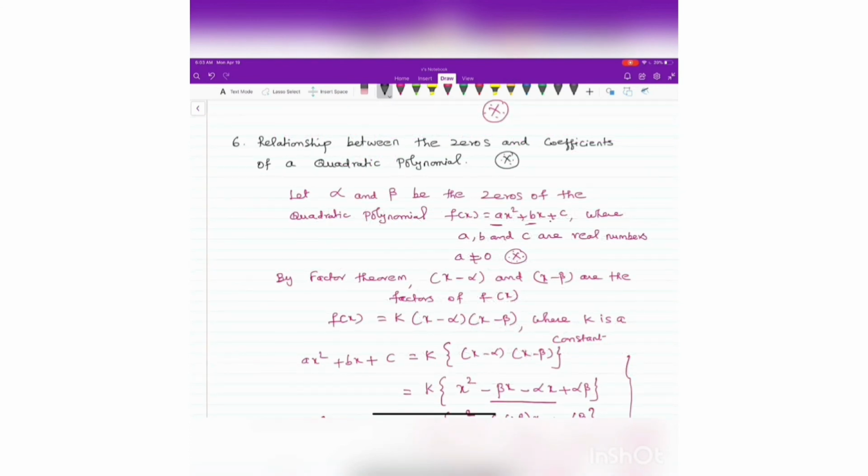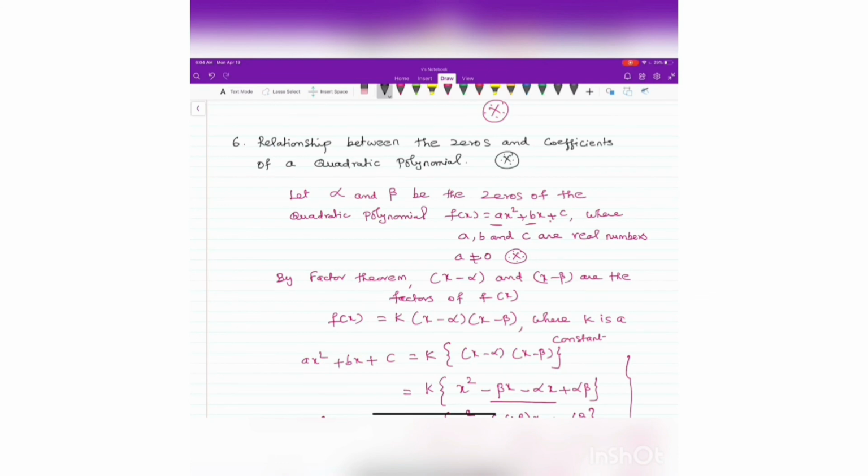With that, we have come to the end of today's session. We have discussed what a polynomial is, how to find the degree of the polynomial, then based on the degree, how to classify the given polynomial: a linear, quadratic, cubic, biquadratic or quartic polynomial, constant polynomial or zero polynomial. And also we discussed the value of the polynomial and how to find the zeros of the polynomial.